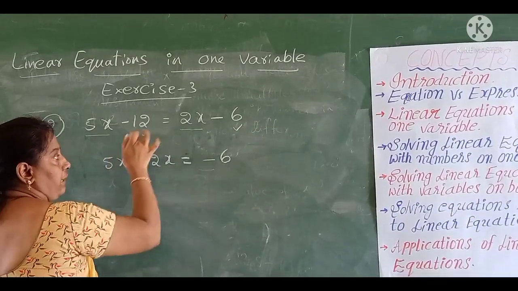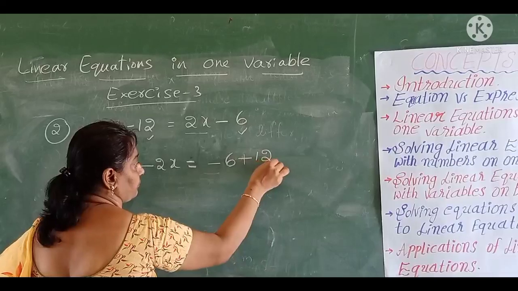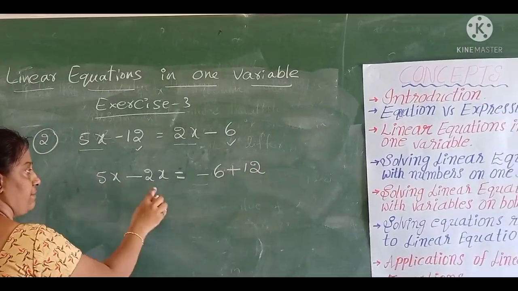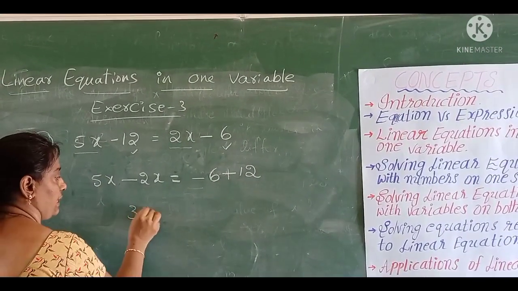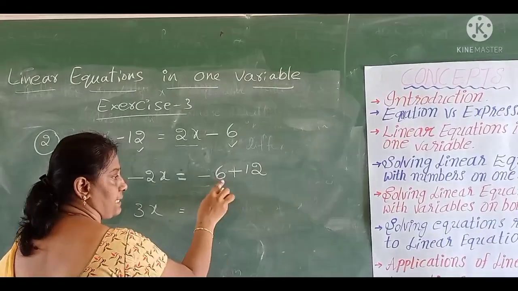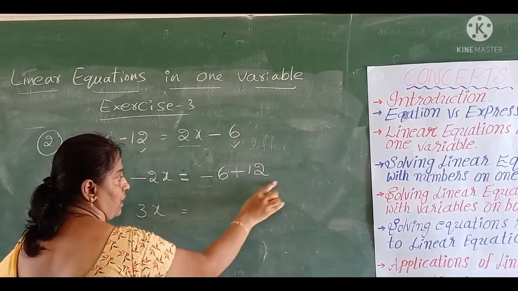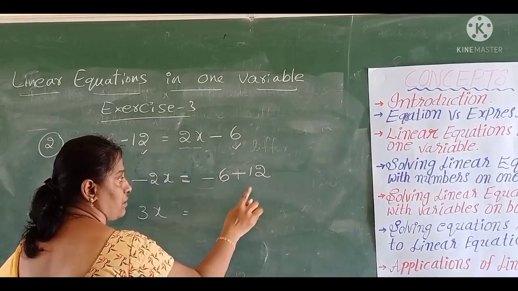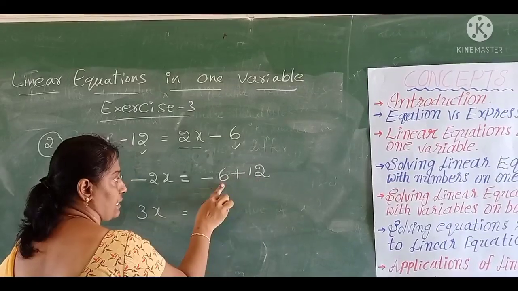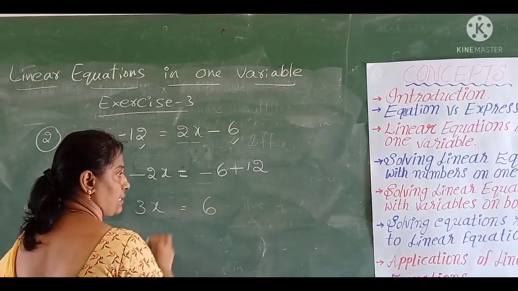Moving to the right side, it will become positive 12. 5x minus 2x is equal to 3x is equal to, here minus 6 is negative and 12 is positive. How to solve? By subtraction. The bigger number is 12 and 6 is small. So 12 minus 6, that is 6.